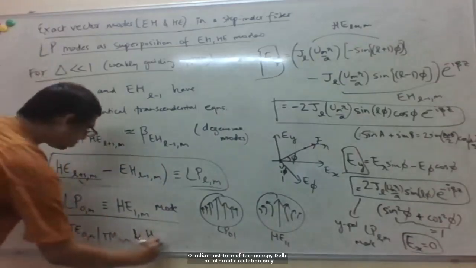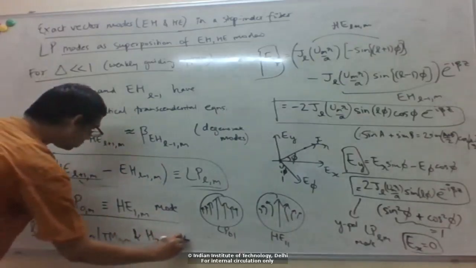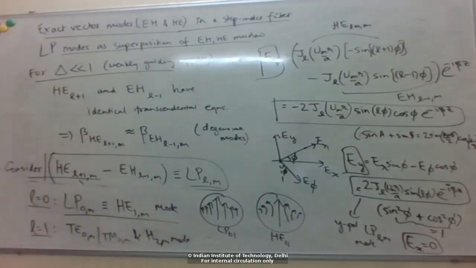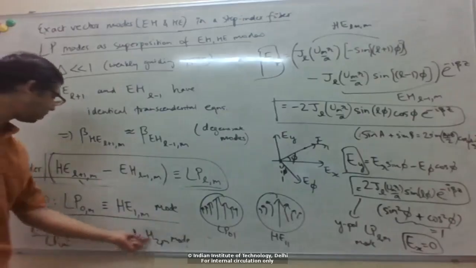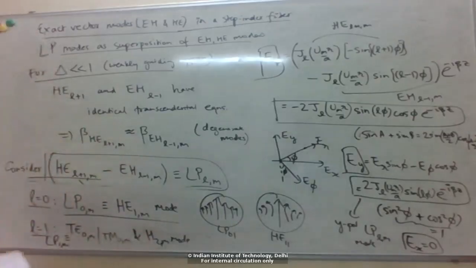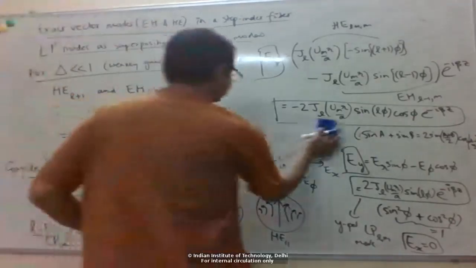L plus 1 is 2. Okay, so LP1M is a linear combination of either TE0M and HE2M or TM0M and HE2M. Okay, so again, we can take a look at an example.